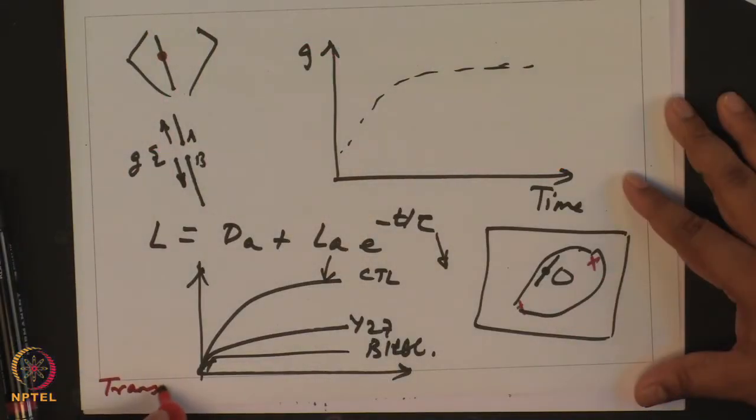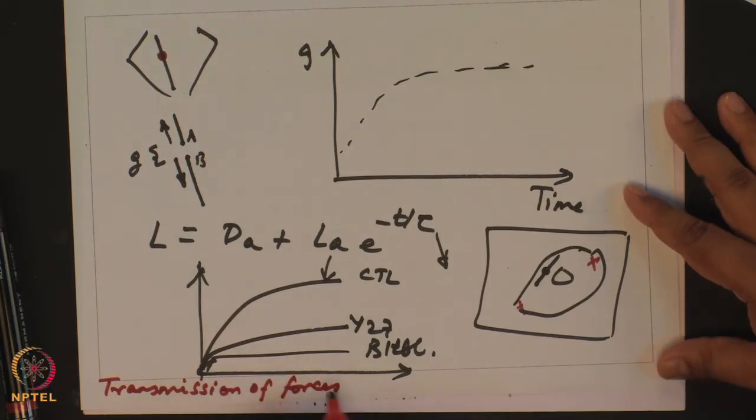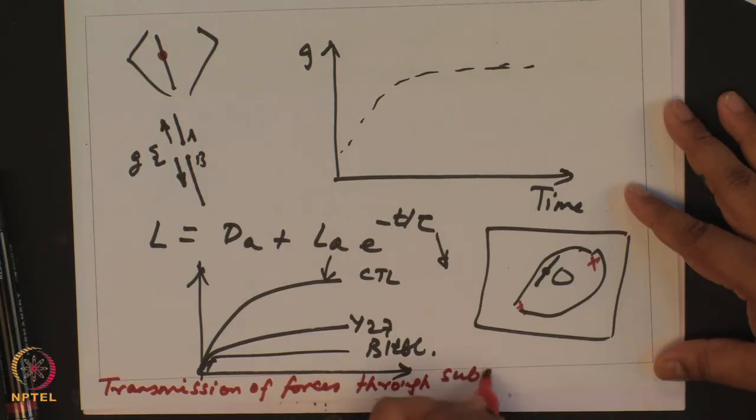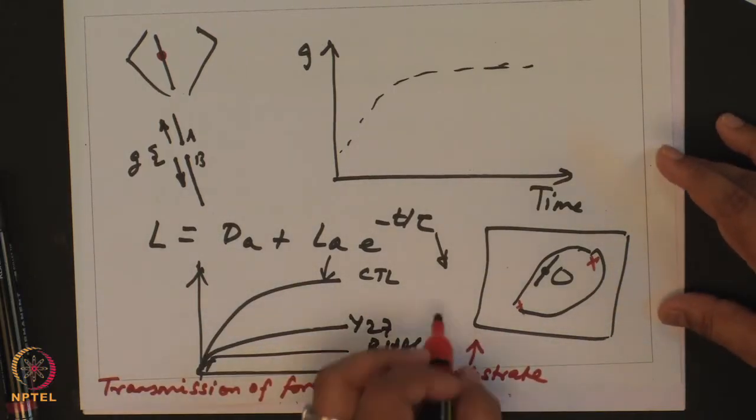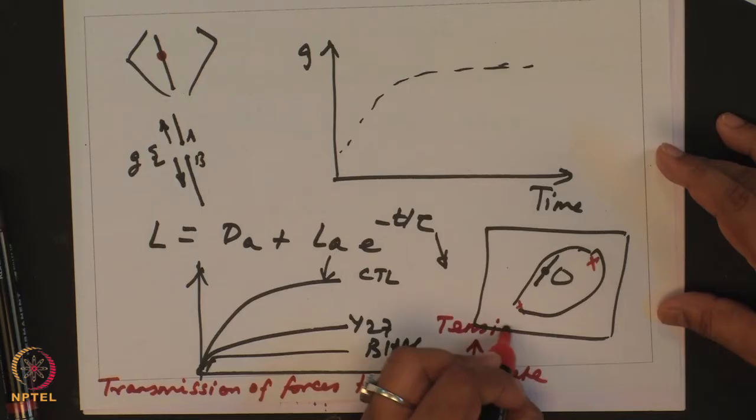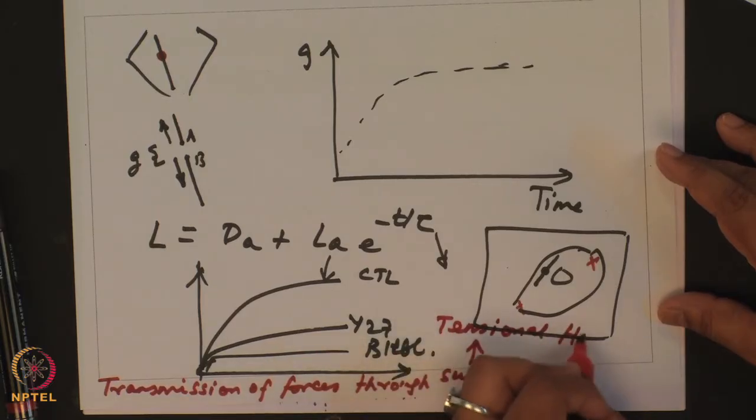So, this experiment suggests that transmission of forces through the substrate regulates the force balance in a single cell. So, this regulates your tensional homeostasis or the force balance.